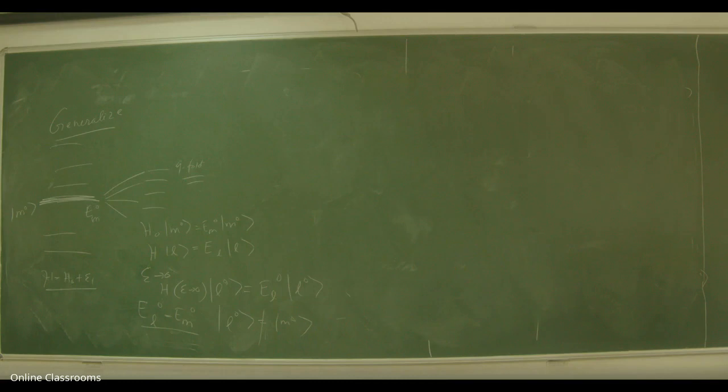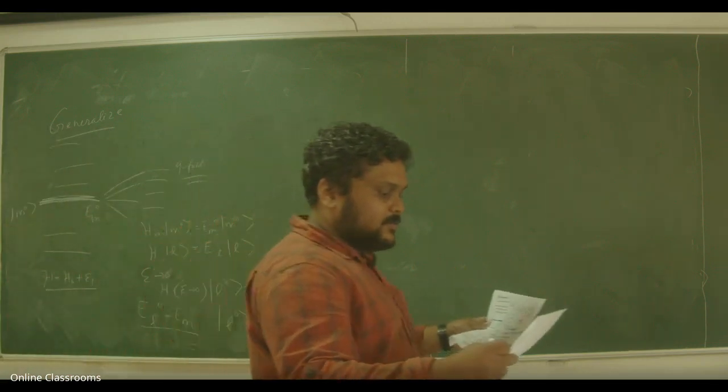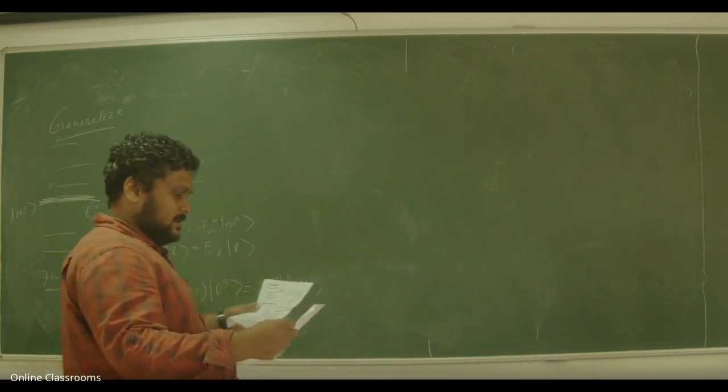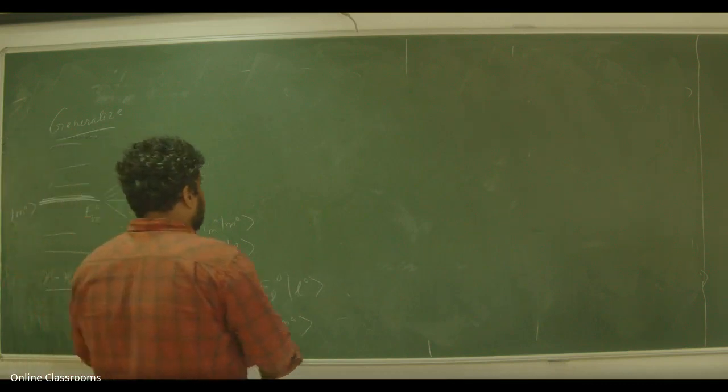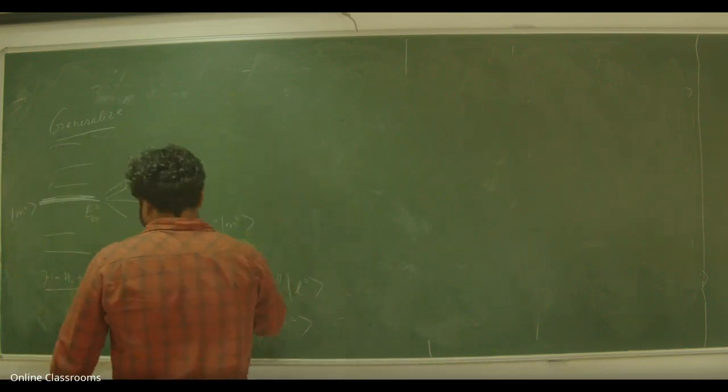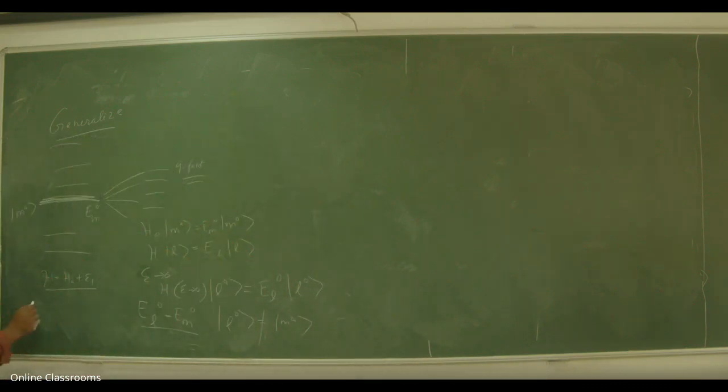Even though they span the same degenerate subspace, and of course there is the usual problem. The usual problem is that this object is ill-defined. We have created this object with so much care, but En naught minus H naught is ill-defined, right?